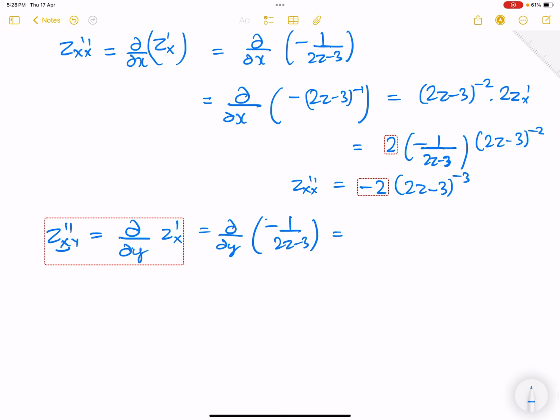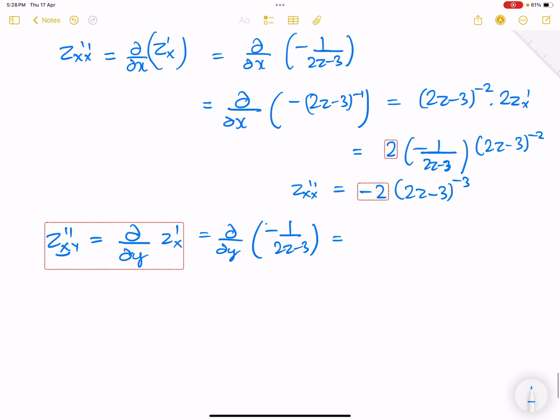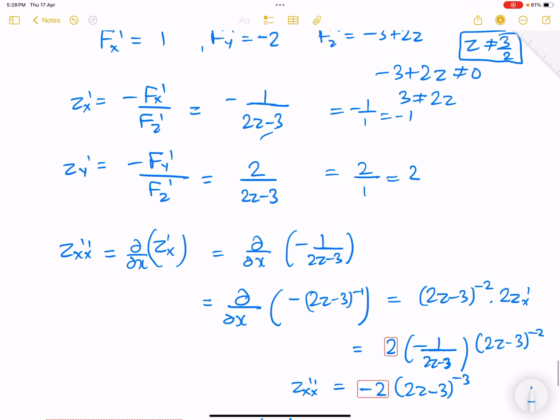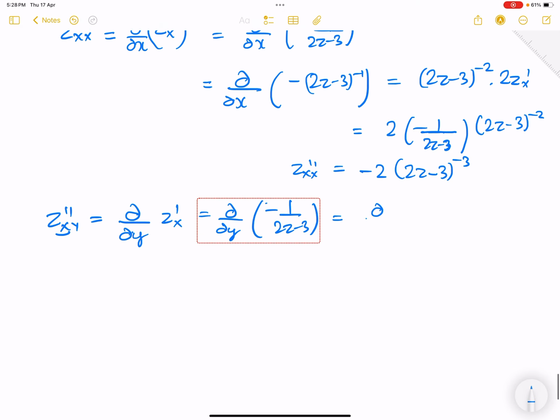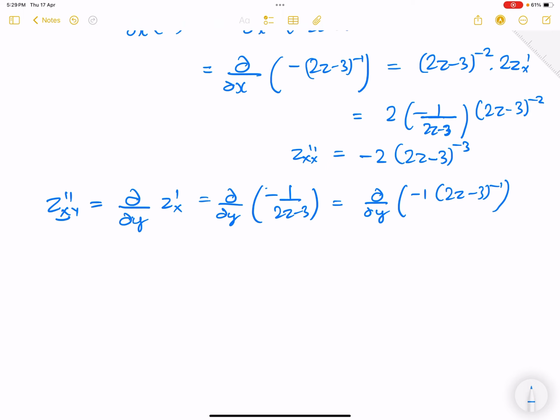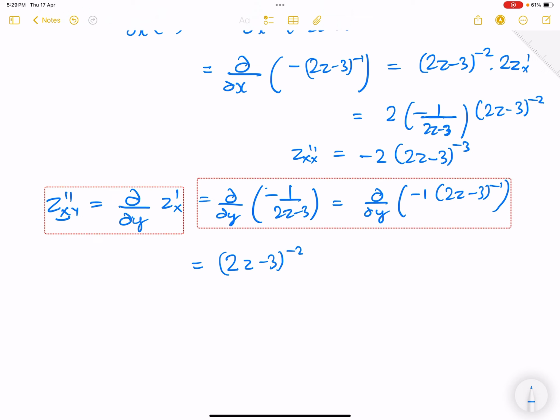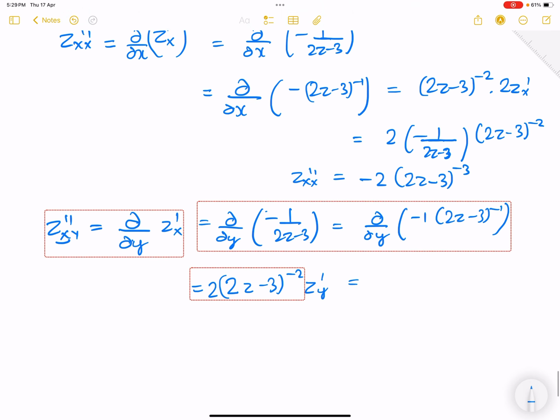Now if we solve it, we'll get the same thing as del y times -1 times 2z minus 3 की power -1 derivative of this. Okay, on simplifying this, we have 2z minus 3 to the power -2, and then 2 as well, minus sign would cancel out, and z y dash. So this is nothing but z y dash was 2 upon 2z minus 3.